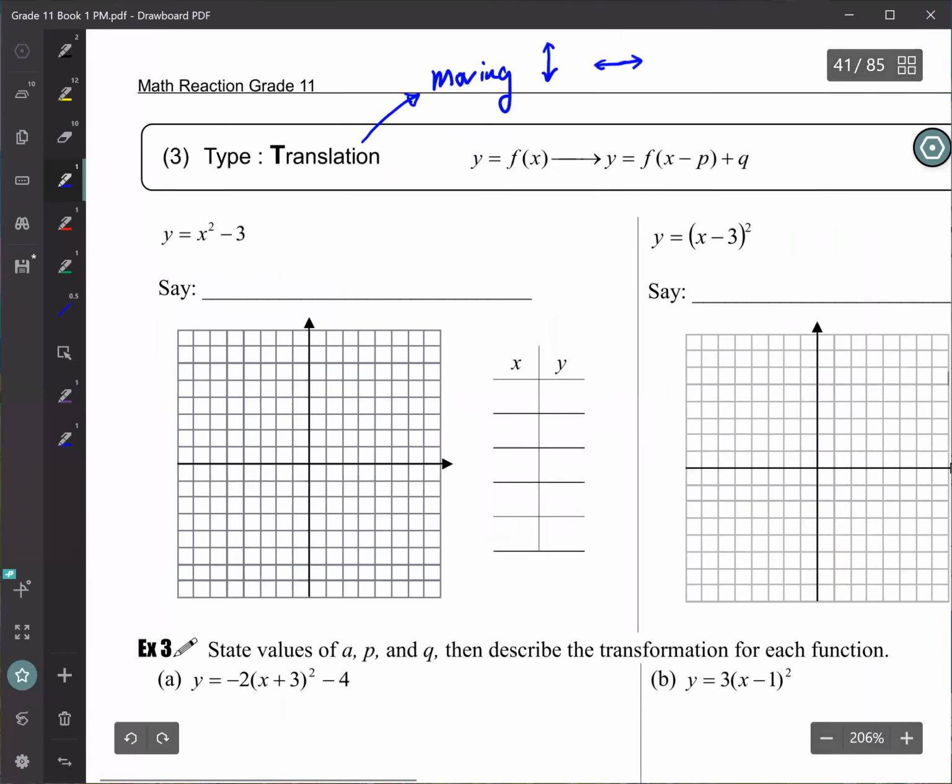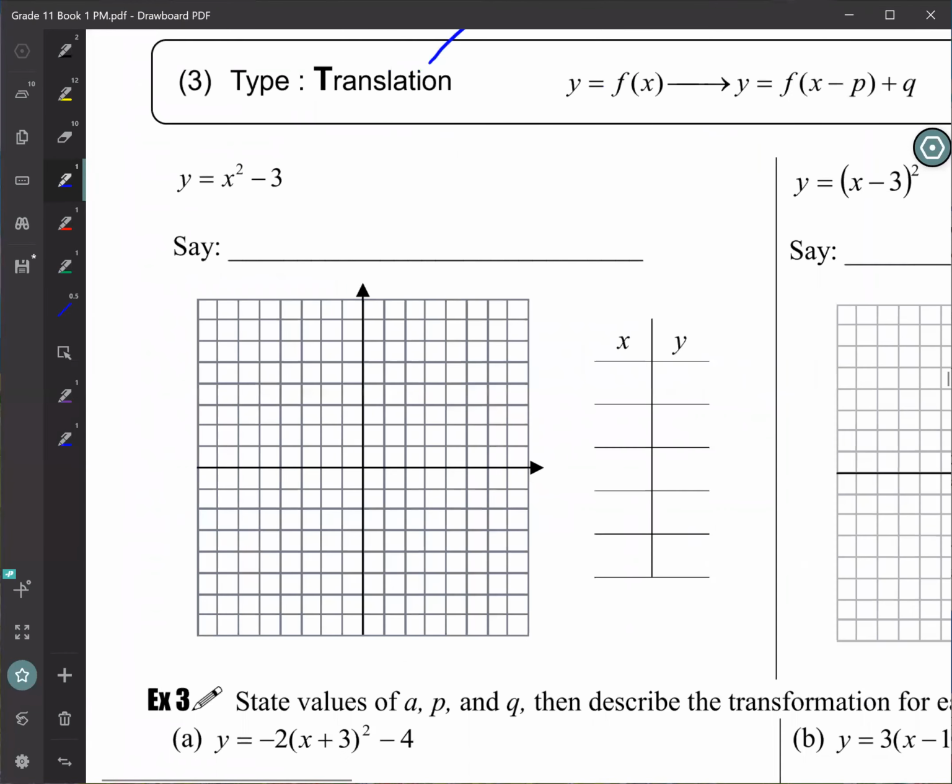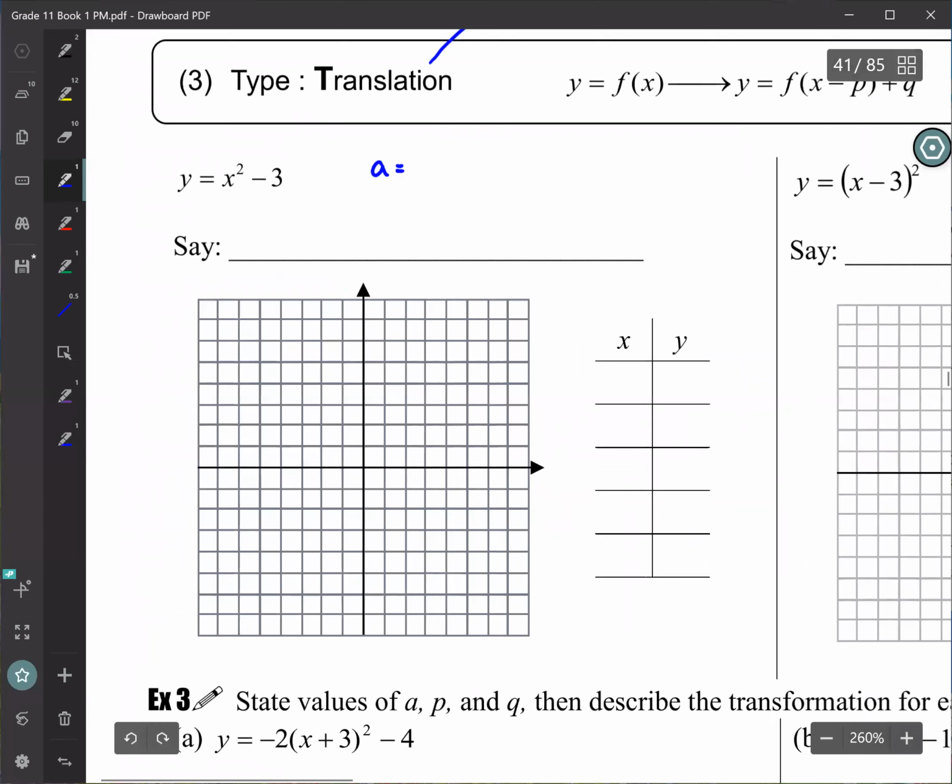So let's look at the first one. First example, we'll start with writing out the APQ. Please raise your hand when you've found the APQ. It's already in the standard form, you don't need to complete the square. Just think about what the values of the APQ should look like. Write it down and raise your hand.